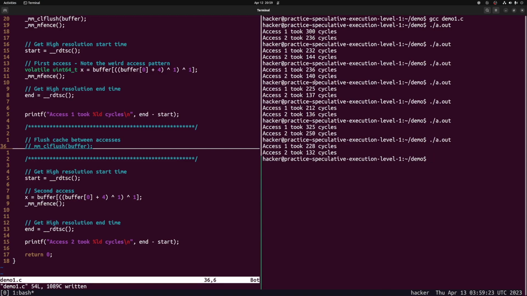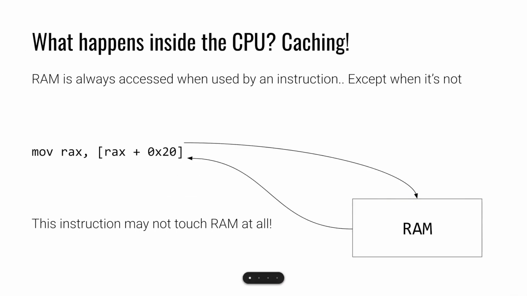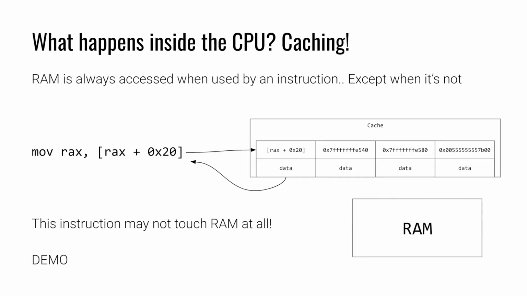And in some instances, it's almost twice as fast to access this same location the second time. This is happening because of the cache. And so we can observe the time impact of a memory address existing in the cache.